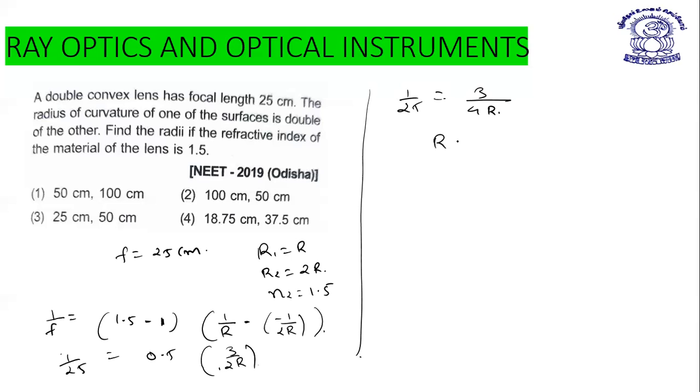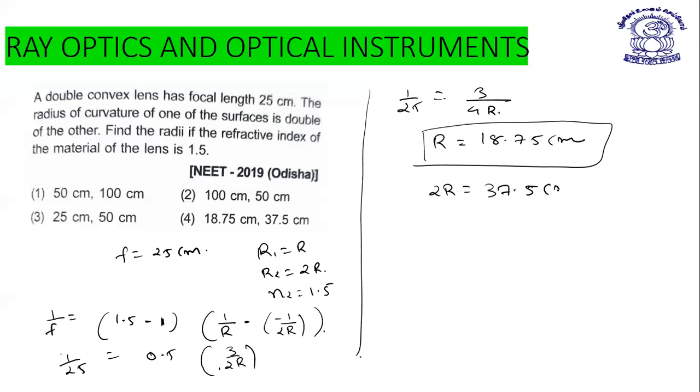Put the value, R, we will get as 18.75 centimeter. So radius of curvature of one side will be 18.75 centimeter and of another side, it will be 2R. It is double of one side, that is 37.5 centimeter.